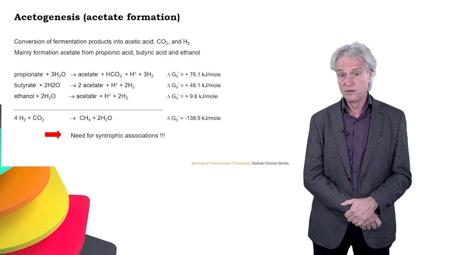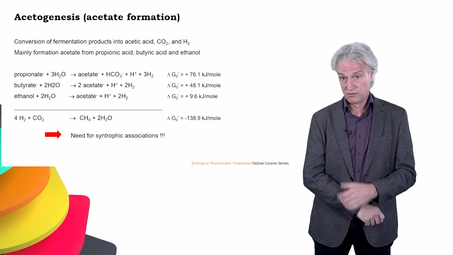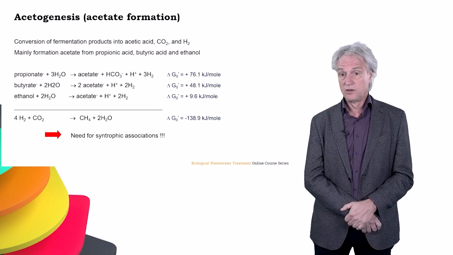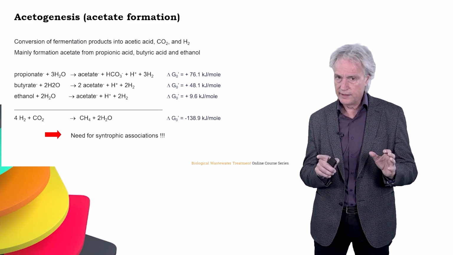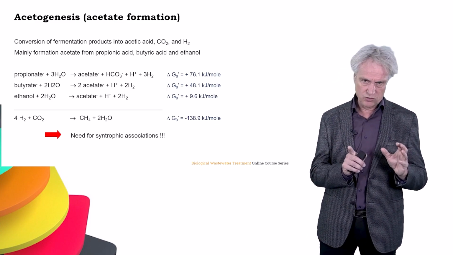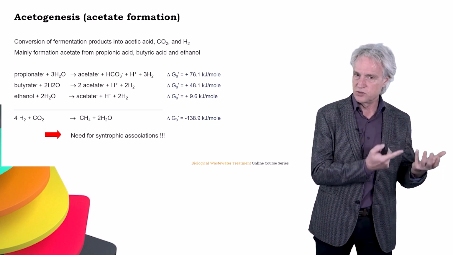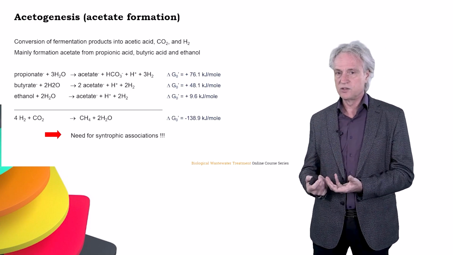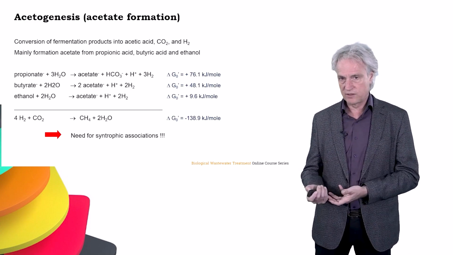Because what you can see here is that hydrogen and CO2 has a very negative energy change, about minus 140 kilojoule per mole. So apparently, and that is also very typical for anaerobic conditions, you need a syntrophic association between a hydrogen producer and a hydrogen consumer, an acetogen and a methanogen.